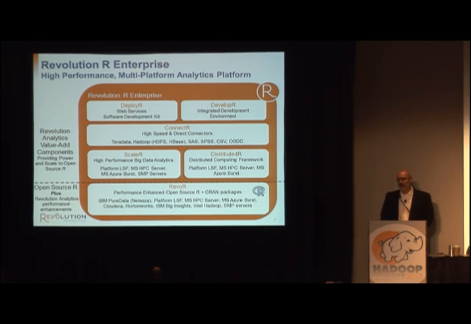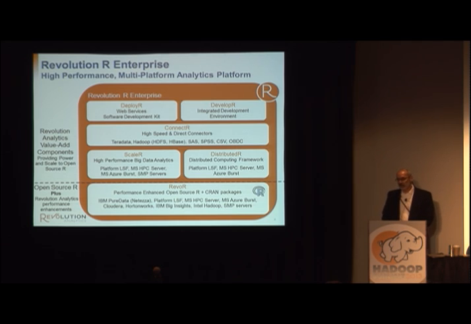The ScaleR component is a suite of high-performance predictive analytics. DistributedR is our framework that allows those analytics to be distributed across many different parallel computing platforms, including Platform LSF, Microsoft HPC Server, and Microsoft Azure Burst, to name several.